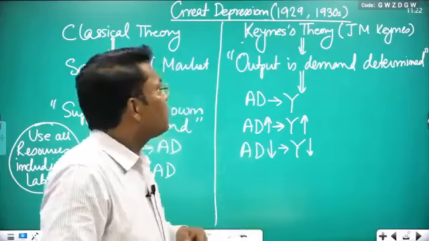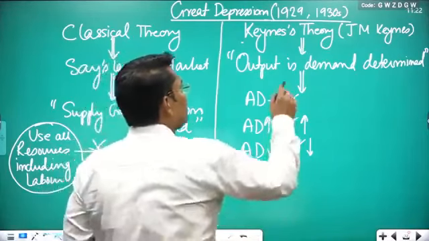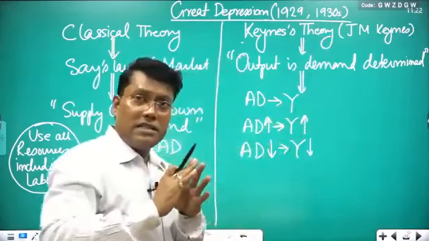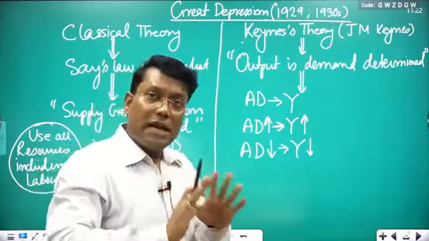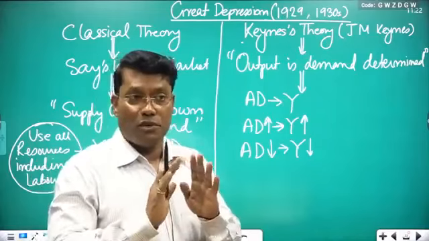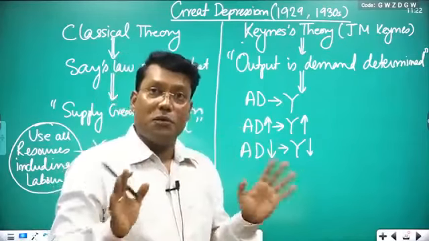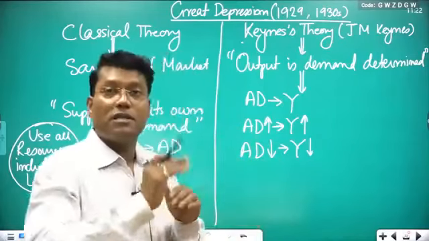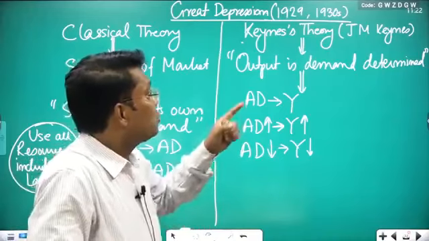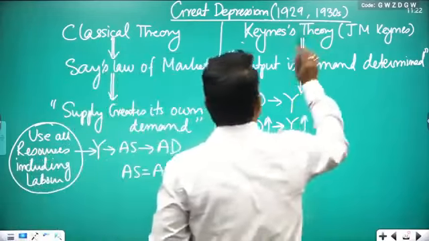It started in 1929 and continued the whole 30s. The whole 30s, it was the impact of depression, observed worldwide. So the whole 30s faced the impact of depression. So that's written as 1930s.